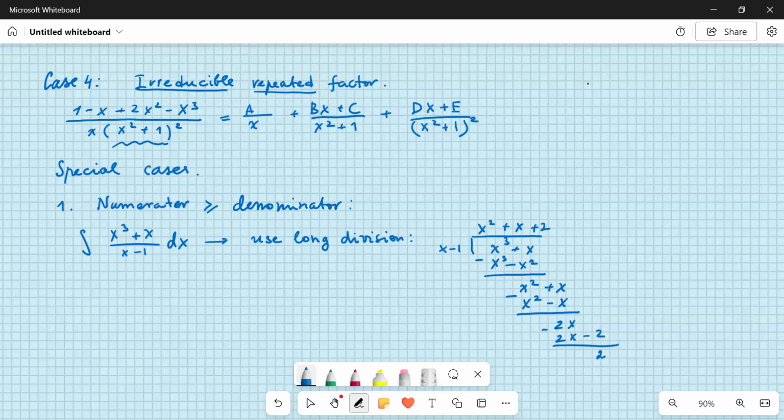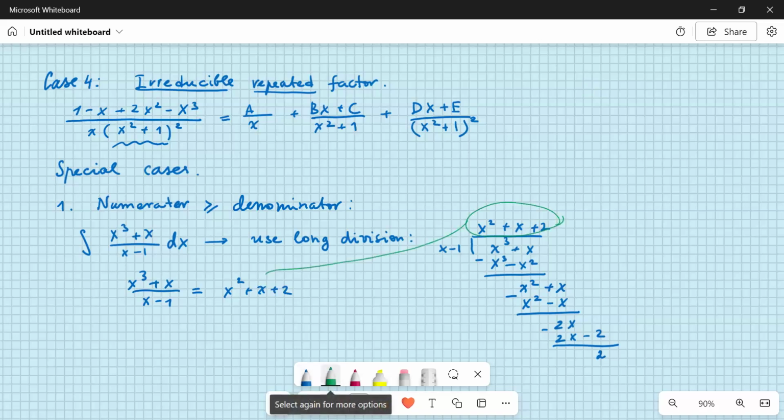So what I'm going to have, guys, I'm going to represent this fraction now in divided form. I'm going to have the quotient x squared plus x plus 2, plus the remainder, which is 2, divided by x minus 1.